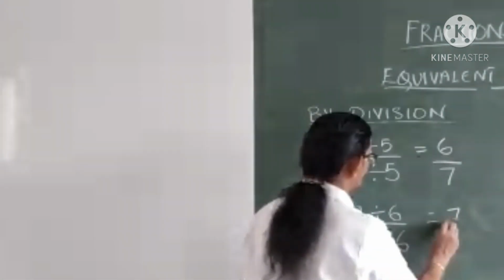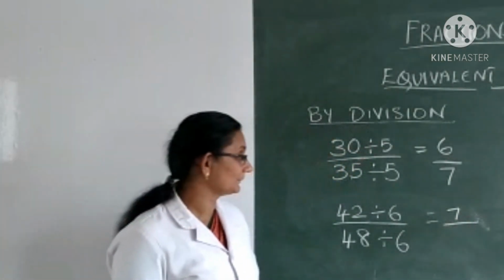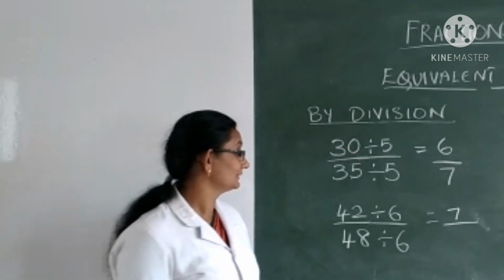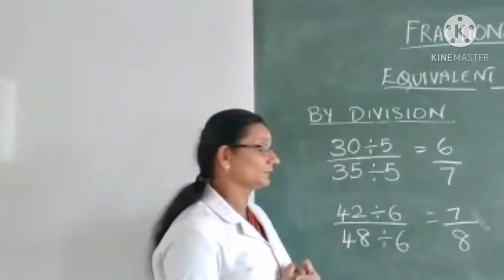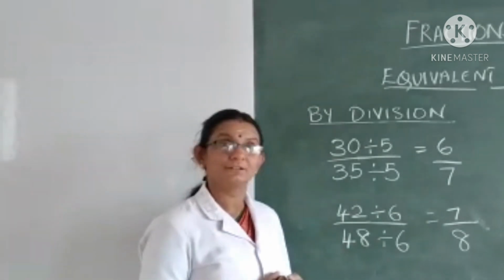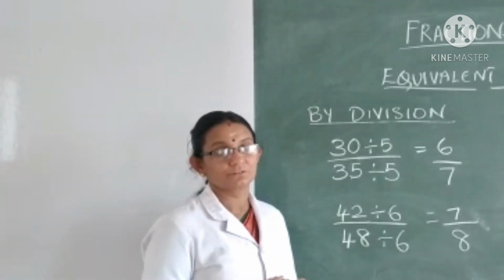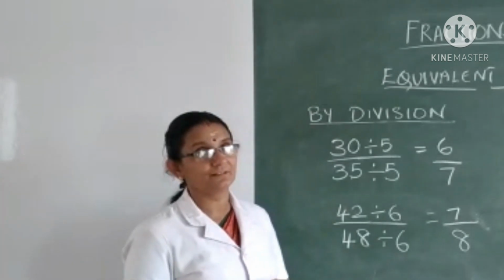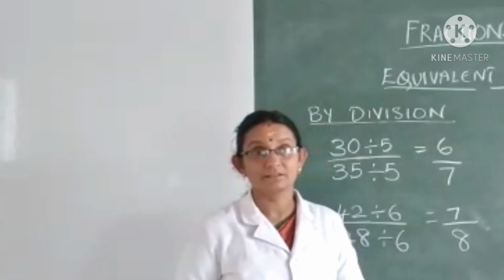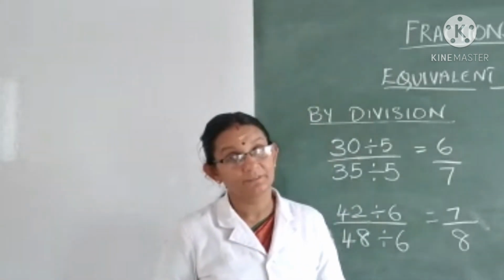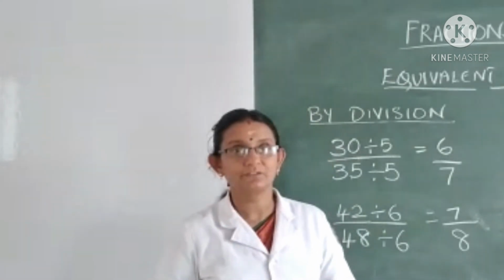Yes, very good. And 48 divided by 6 is equal to 8. So you have got the equivalent fraction for the fraction 42 by 48. So I hope you practice more problems, children. In this way, we can find equivalent fractions by both multiplication as well as division method.